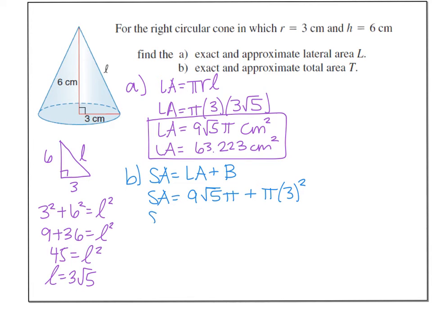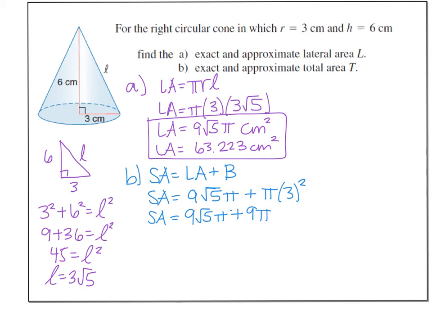So I end up getting my exact surface area being 9 root 5 pi plus 9 pi. And I can't combine those because I have a root 5 in one, and I don't have one in the other.